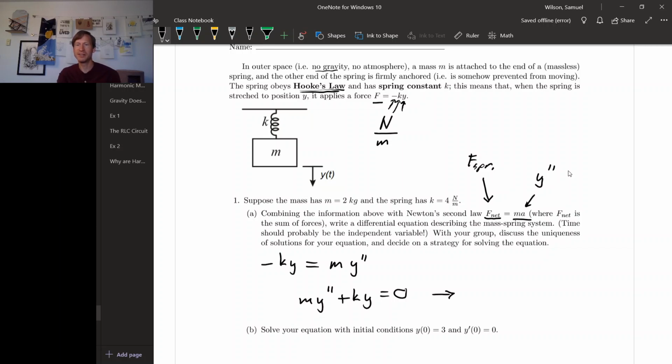So if we put in the constants that we have, we get 2y double prime plus 4y equals 0.